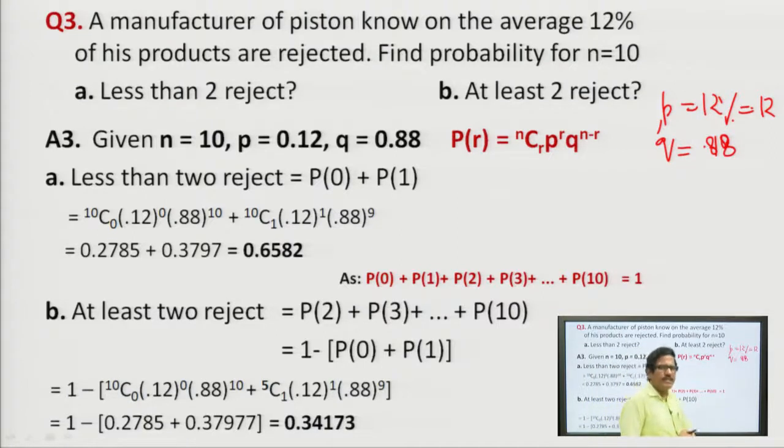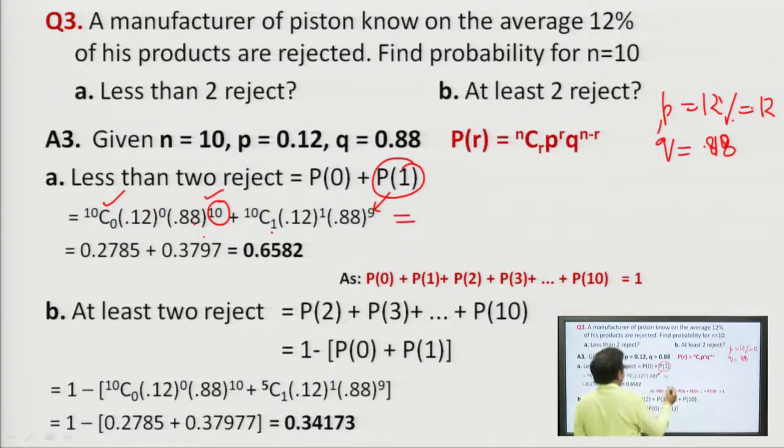Less than 2 are rejected means no product is rejected or one product is rejected. So, for no product rejected the formula is 10C0, 0.12 to the power 0, 0.88 to the power 10, because the sample size is 10, and for one product rejected it is 10C1, 0.12 to the power 1, 0.88 to the power 9.